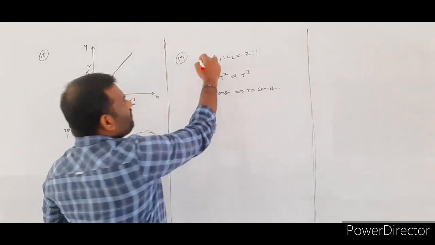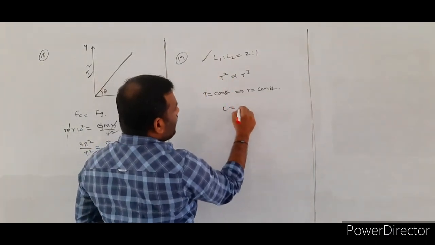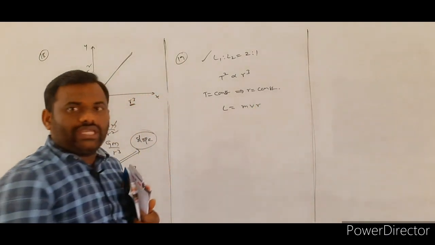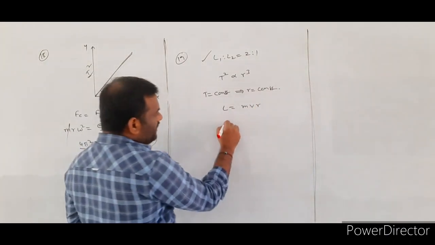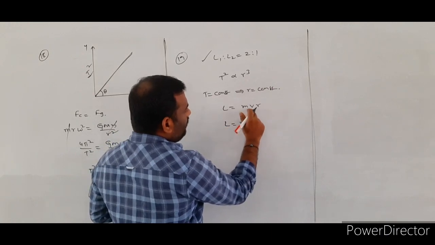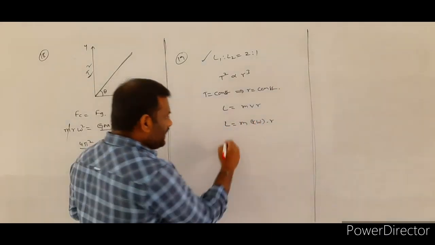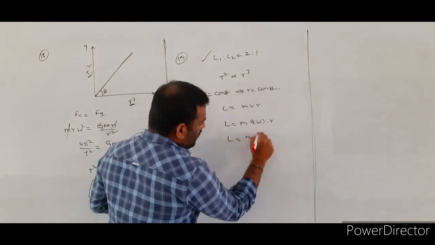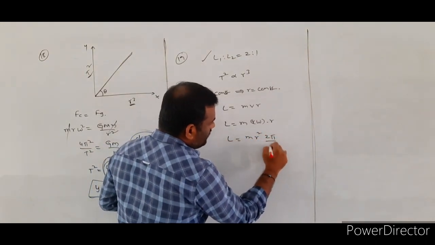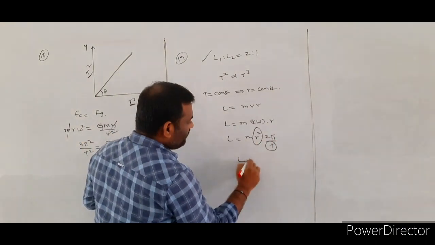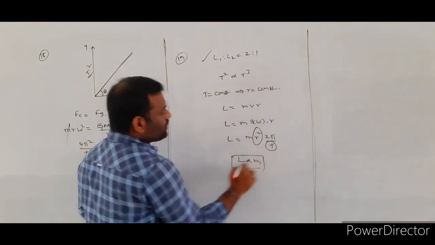Now, from the angular momentum formula, what is the angular momentum formula? mvr, m into v into r. So here I will write L is equal to m into v, which is rω, into r. So here it is mr²ω, and ω is again 2π by T. R is constant, T is constant, therefore L is directly proportional to m.